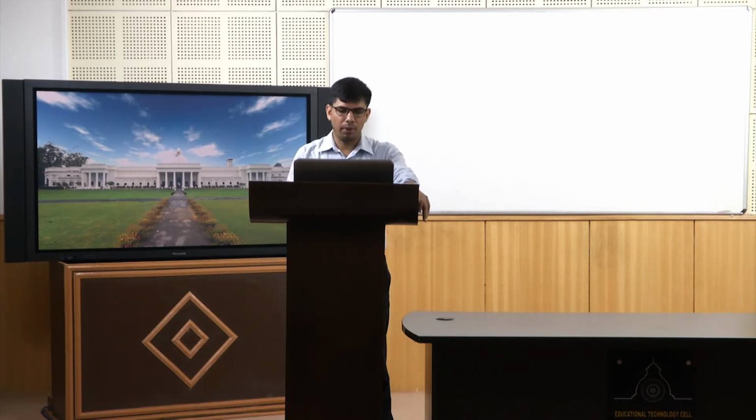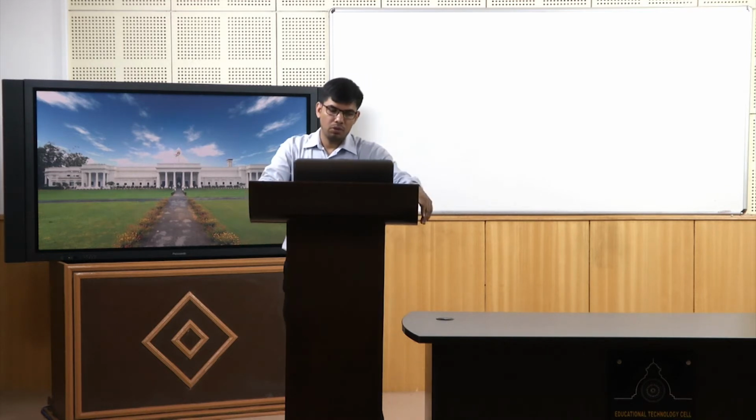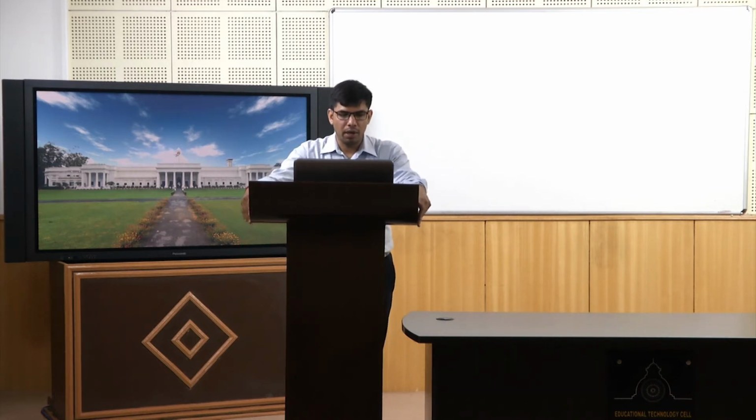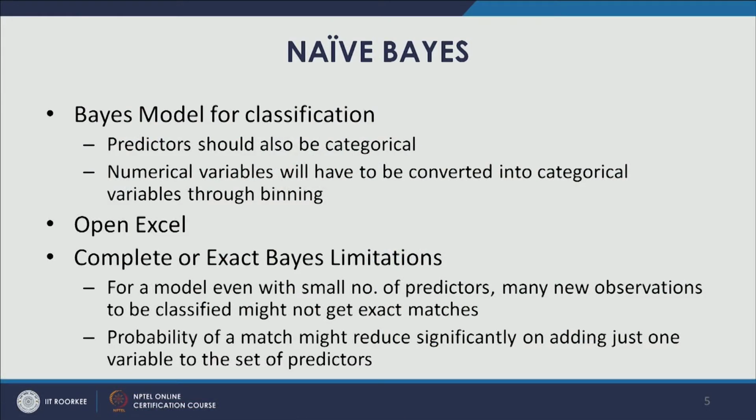So actually the probability value would be the conditional probability, using this particular expression. Now, as you might have understood by now, the predictors that we are going to include in our Bayes modeling have to be categorical.